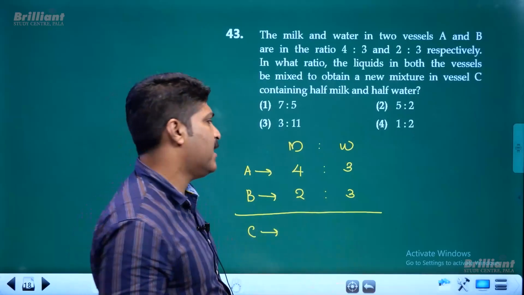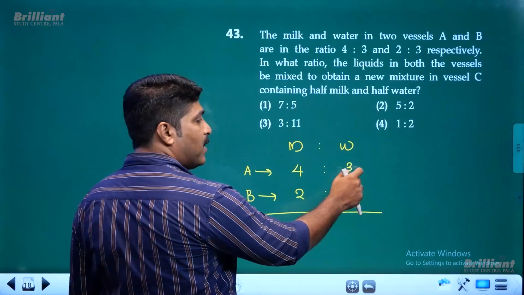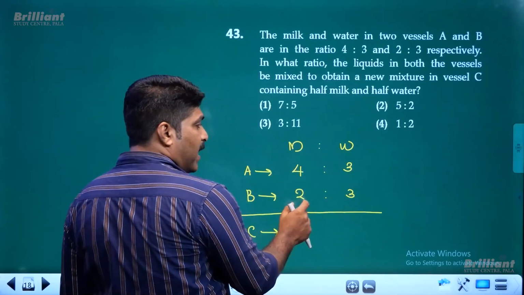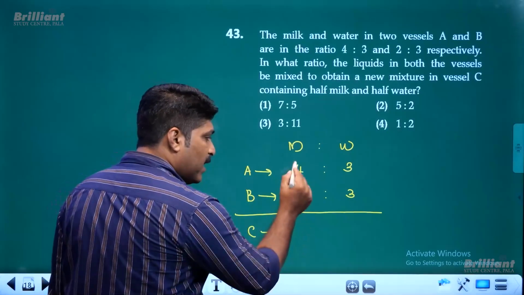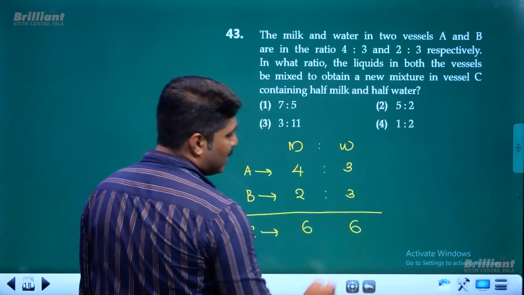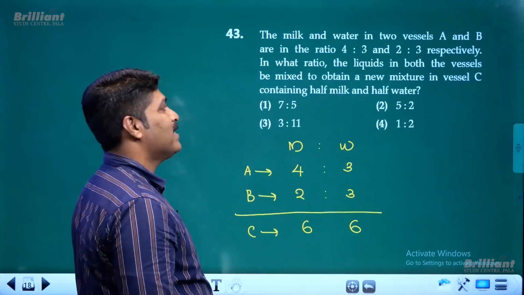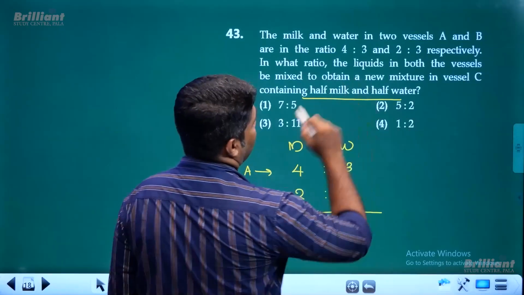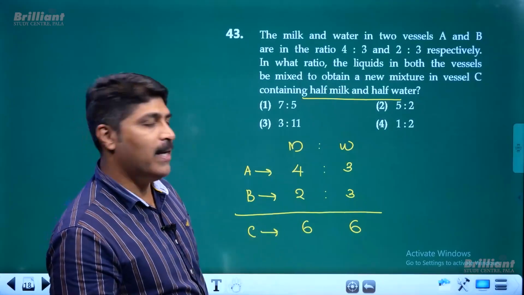Suppose we assume like that, then 4 liters of milk and 3 liters of water are in the first solution, and 2 liters of milk and 3 liters of water in the second solution. While adding these two values, this is equal to 6. While adding these two values, that's also equal to 6. Our requirement is satisfied. What is the requirement here? Half milk and half water, meaning milk and water should be equal.